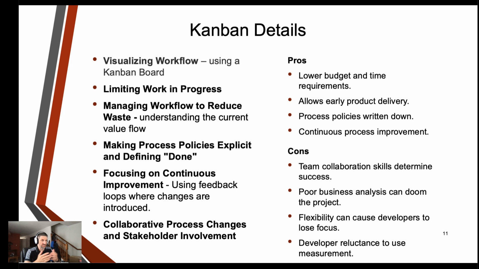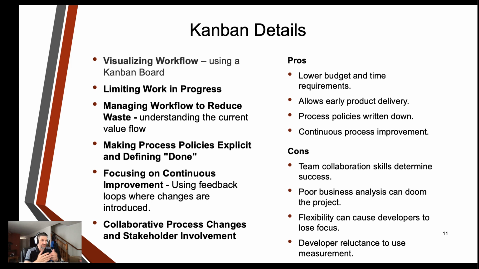And finally, collaborative process changes and stakeholder environment. We have collaborative decision making here when the process changes. We want all relevant stakeholders involved, all the team members, customers, in discussions and decision making processes. All these diverse perspectives are going to give us a well-informed decision to understand what needs to be changed in order to get us to the end without project rejection.